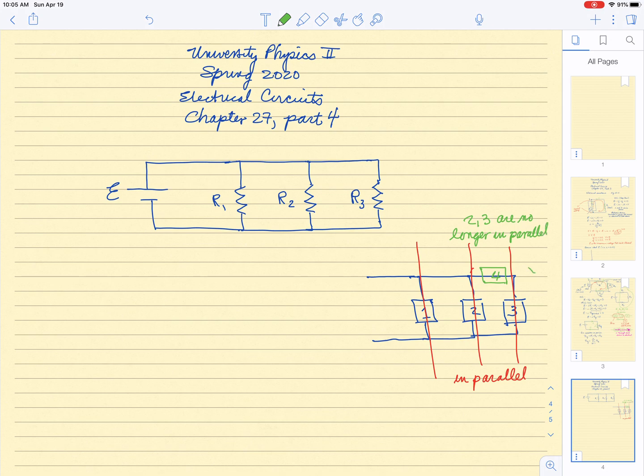But interestingly, 3 and 4 are in series. Okay, so in order to be in parallel, the devices must have the configuration that you see here with no devices in between.